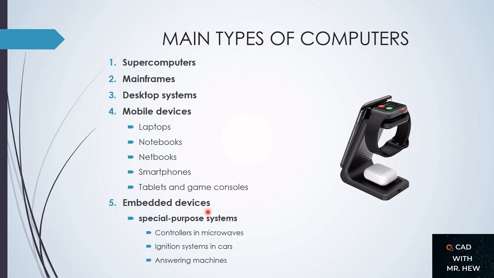And for the embedded devices, the examples are special purpose systems such as controllers in microwaves, ignition systems in cars, and answering machines. So these are the five main types of computers.